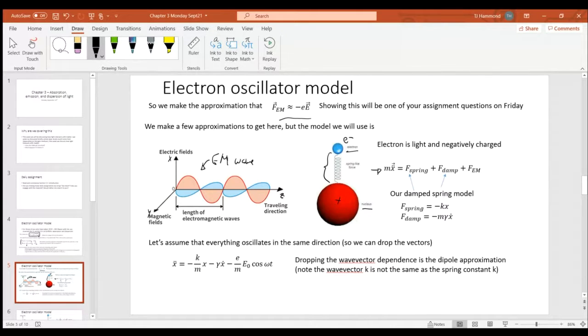It'll depend on this nucleus, things like that. This damping, we don't know anything about this damping term yet. It's just going to be some kind of thing saying energy could possibly get absorbed in this system, and that'll be this damping term. We have no idea what it is. It's purely phenomenological right now. Eventually, you would need to know quantum mechanics to exactly understand what this damping constant is. But for now, we'll just say this is just some value. We have this electromagnetic force, FEM.